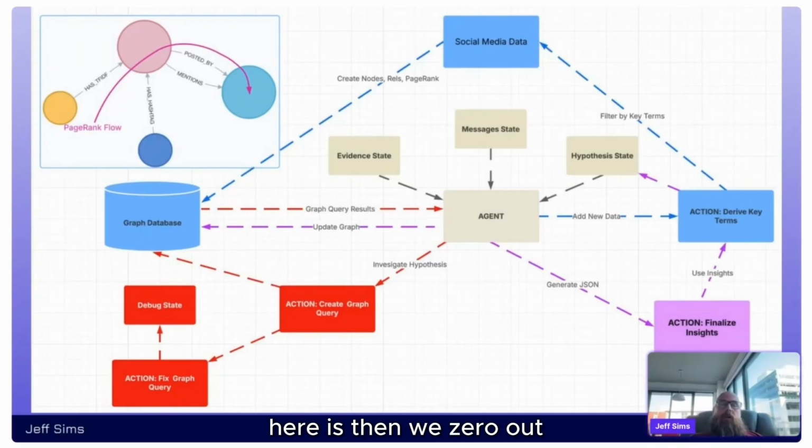Something to note, though, is that we then zero out the memory states of the agent and actually pull out the reasoning the agent uses for deriving those keywords, and we append it to the fresh hypothesis state. So this gives the agent some visibility into what happened in the previous investigation, why these terms were chosen, how the graph might be extended, and where to keep investigating.